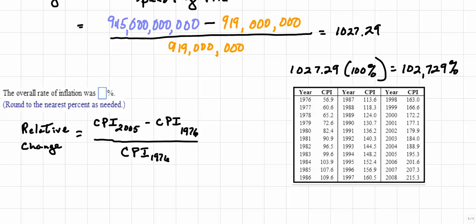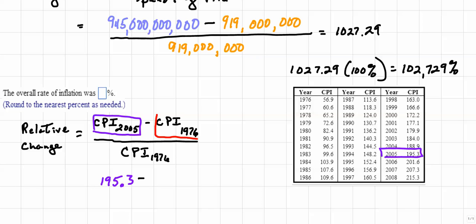So now what are the values that we'll be substituting in here? Well, the CPI for 2005, we'll go over to our table and we find that it is 195.3. And then we're going to subtract from that the CPI for 1976, so we need to find that value.